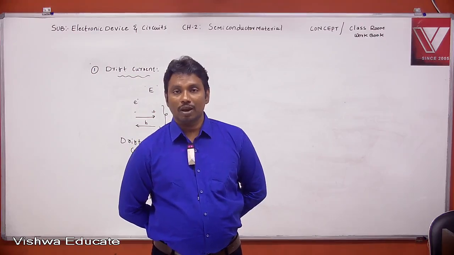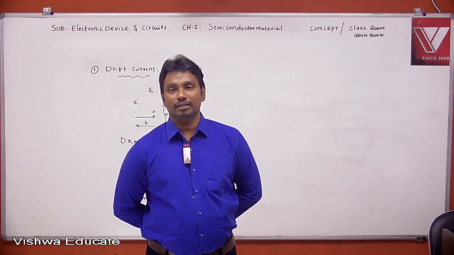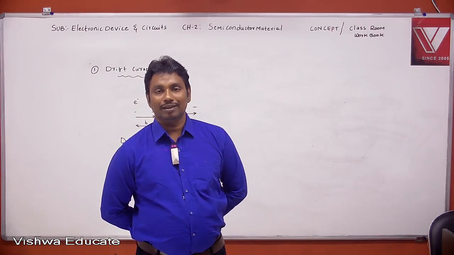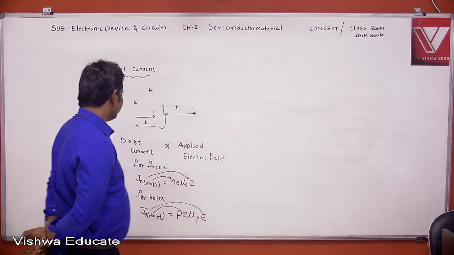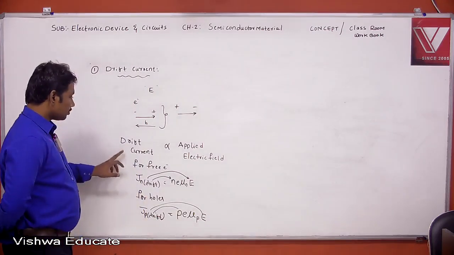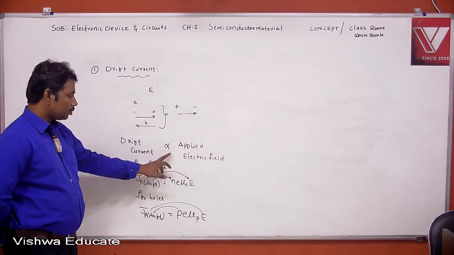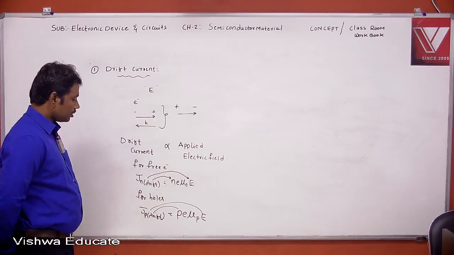This current is called drift current. Now copy this one. The drift current is directly proportional to applied electric field, and copy the equations.